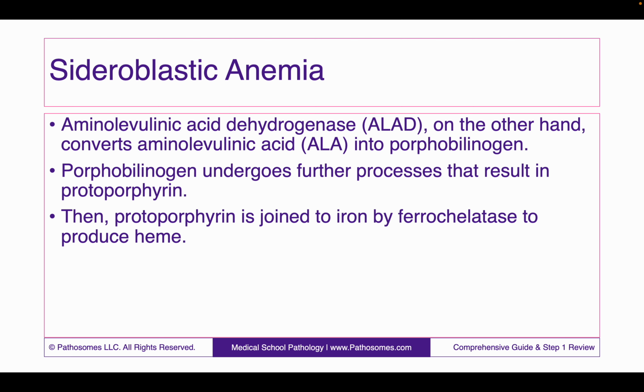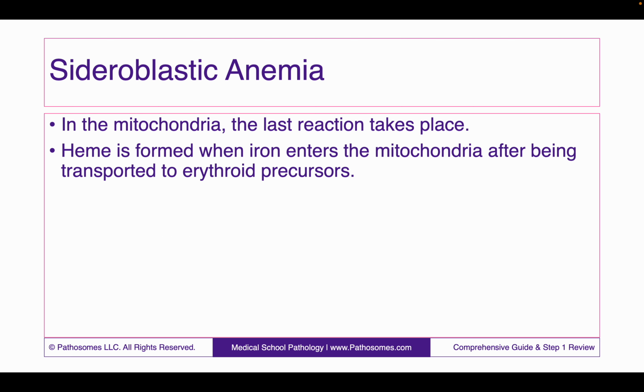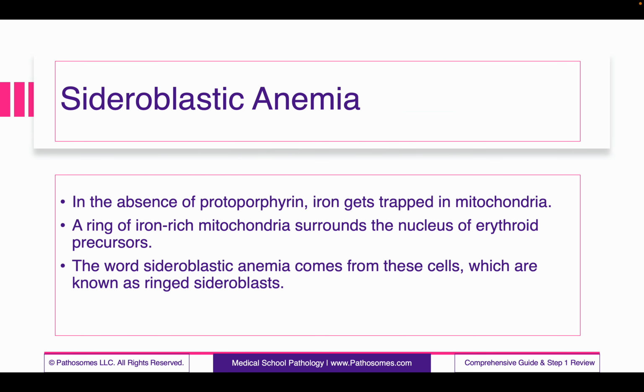Don't we love biochemistry? Fascinating. In the powerhouse of the cell, the mitochondria, the last reaction takes place. Heme is then formed when iron enters the mitochondria after being transported to erythroid precursors.